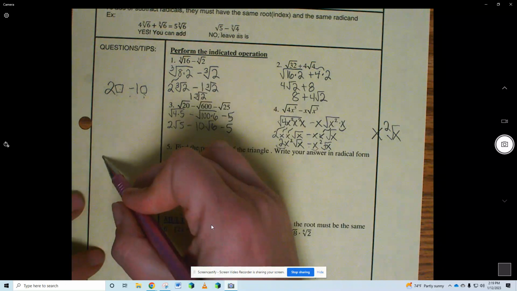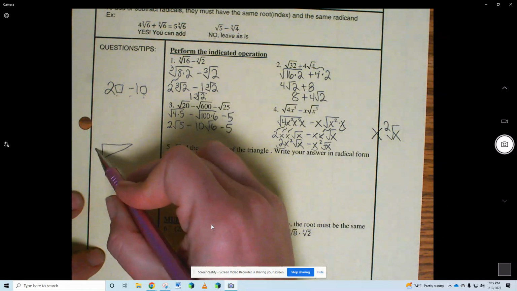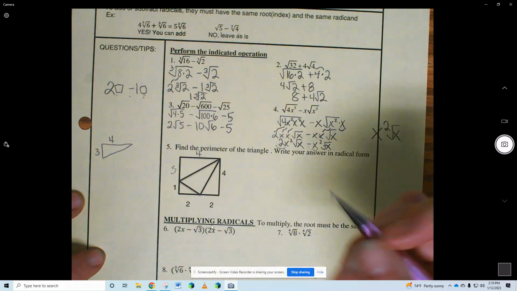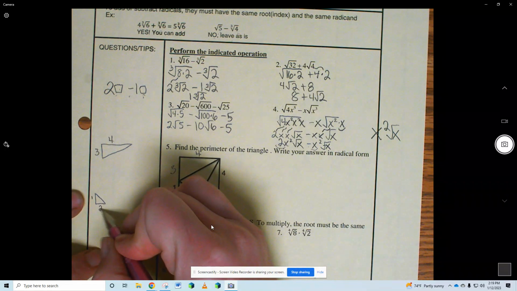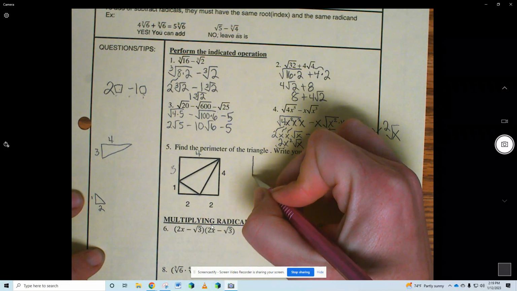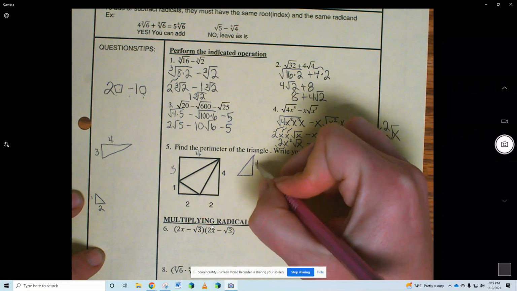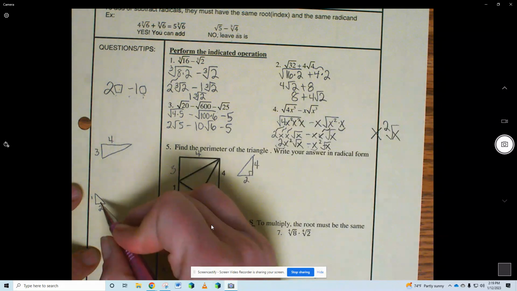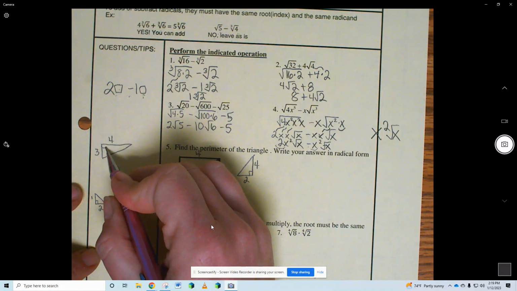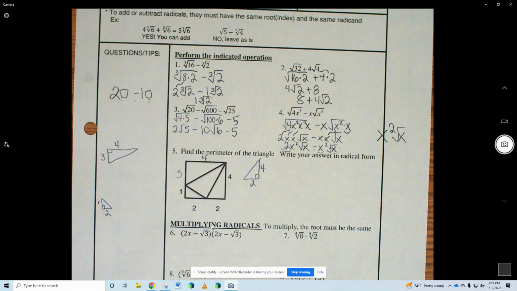I have this triangle. I have this triangle. And I have this triangle. It's finding the hypotenuse on all 3 of those.